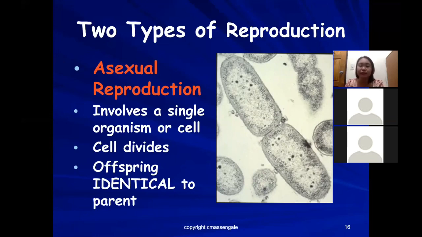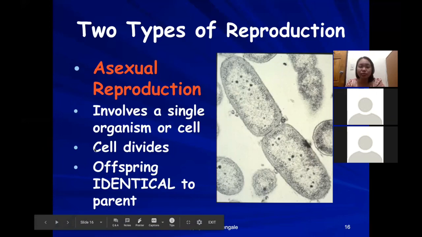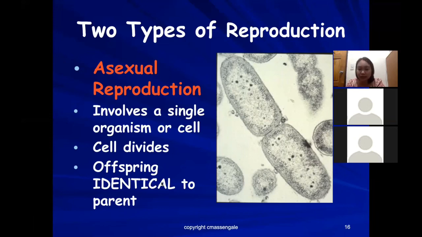The second type of reproduction is asexual reproduction, which involves a single organism or cell that divides into offspring which are identical to the parent. As I asked earlier, sexual reproduction produces offspring that are not identical to the parent because it involves two cells and their genetic materials.